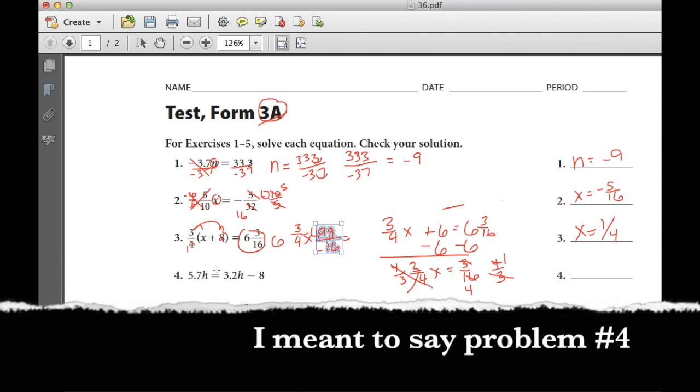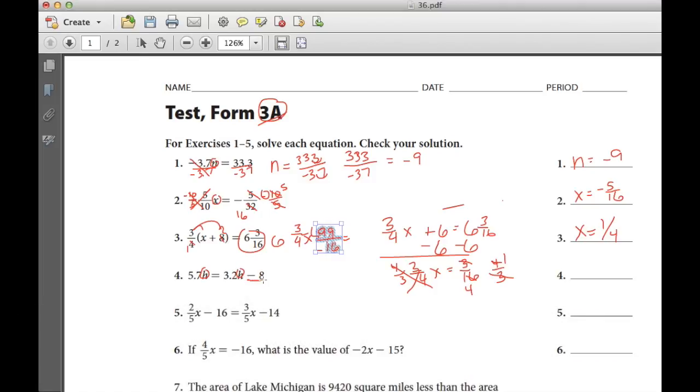For number 8, I have variables on both sides, so I need to pick a side. Since this negative 8 is already on the right, I'm going to get rid of the 3.2h by subtracting from both sides. So I get 2.5h equals negative 8. And when I divide by 2.5, we get h equals negative 8 over 2.5.